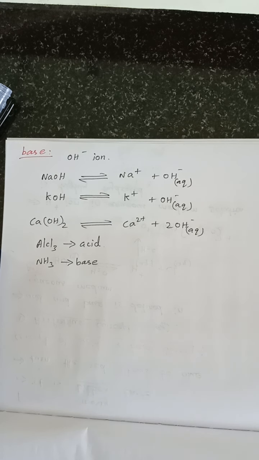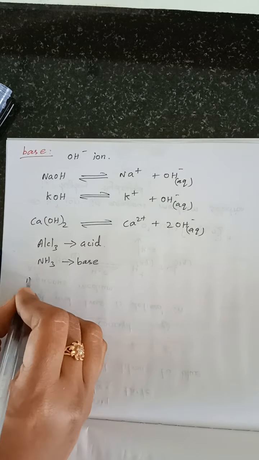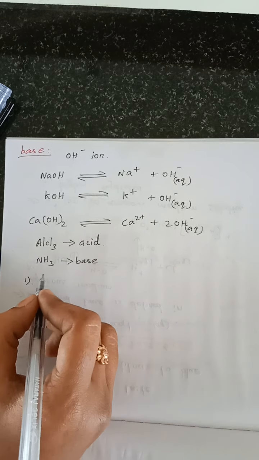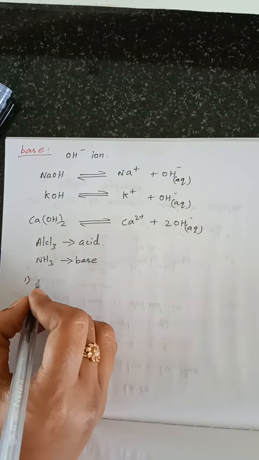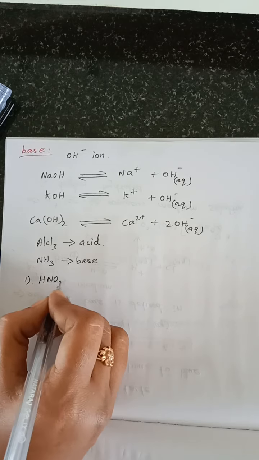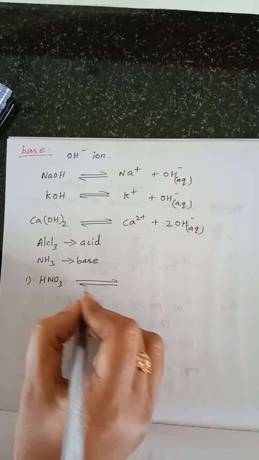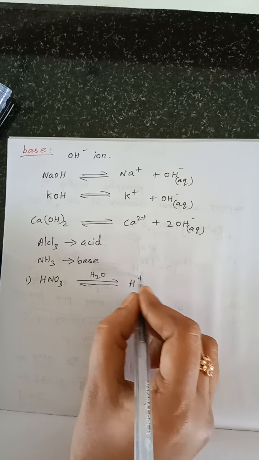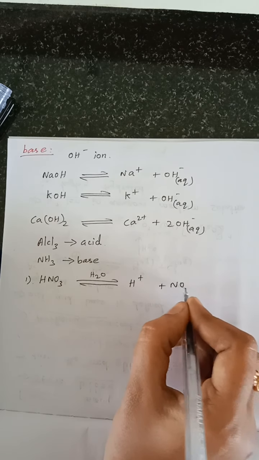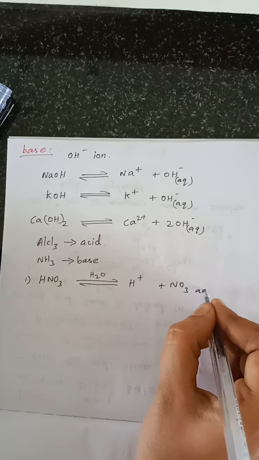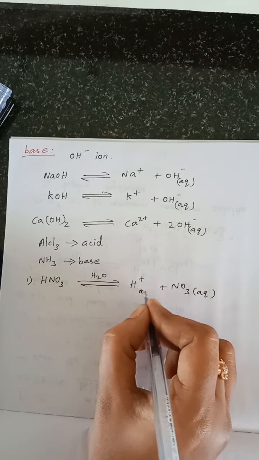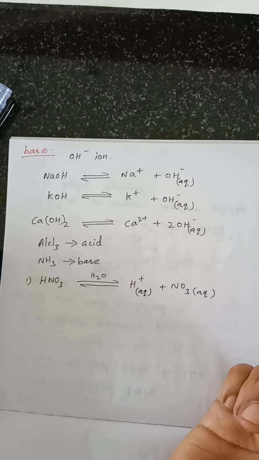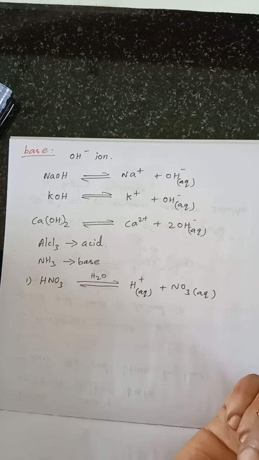Okay children, now evaluate yourself with examples. In the first example, HNO3, what is the name of the formula HNO3? Nitric acid. In the presence of aqueous medium it forms H plus and NO3 minus. All the reactions are in aqueous medium in the Arrhenius concept.